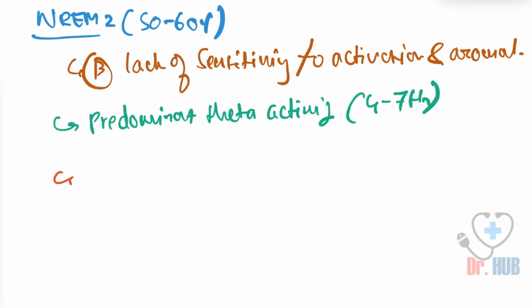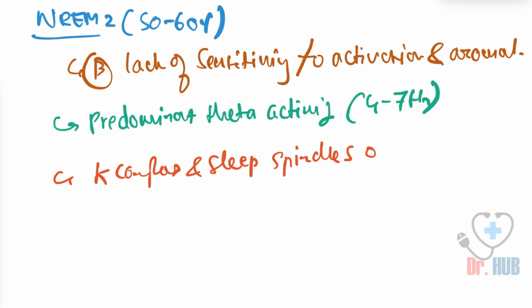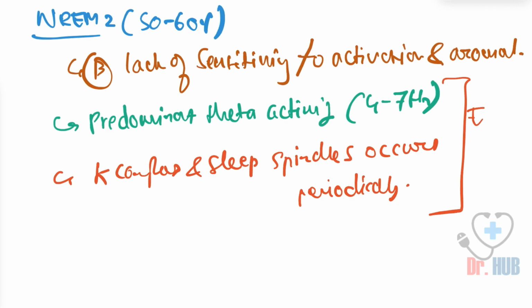If you look, there is the K complex and the sleep spindles, which occur periodically. These are the EEG findings.